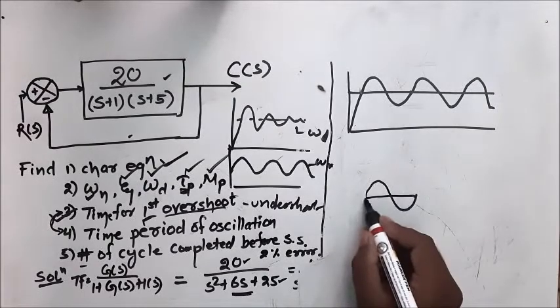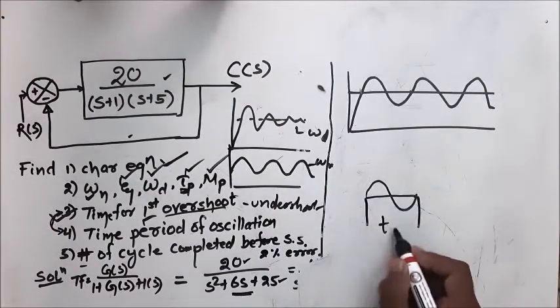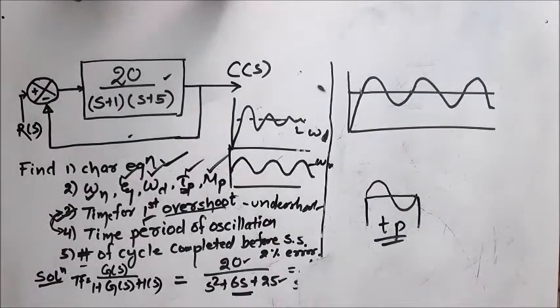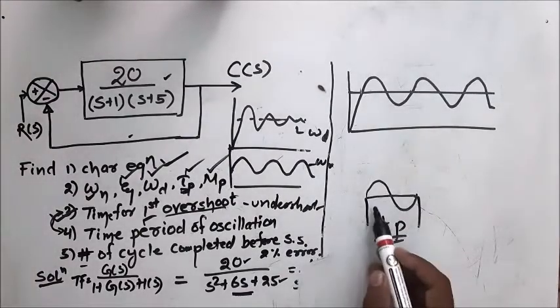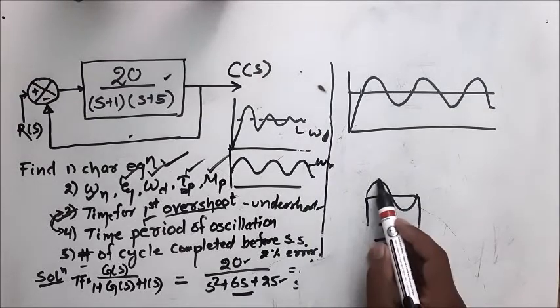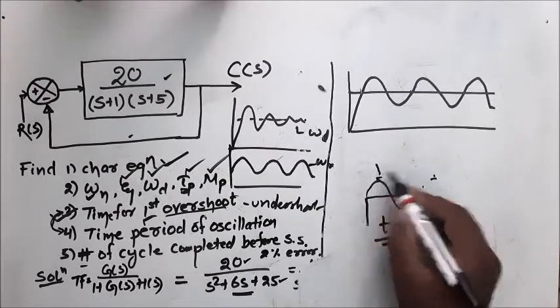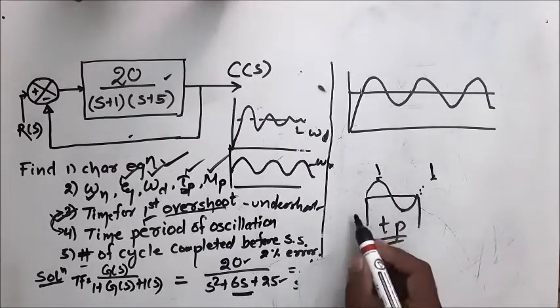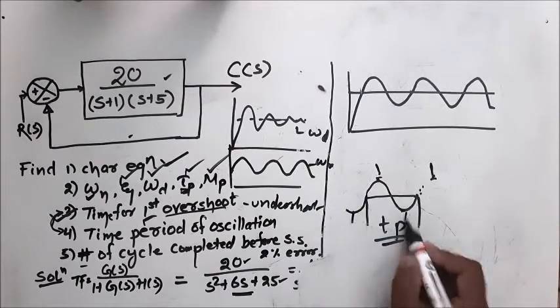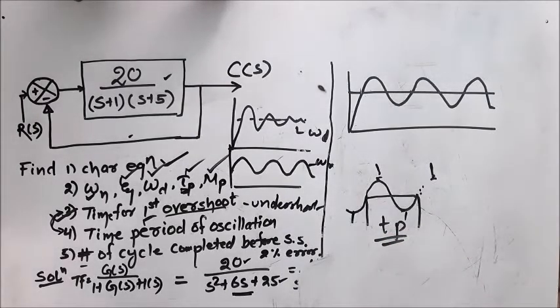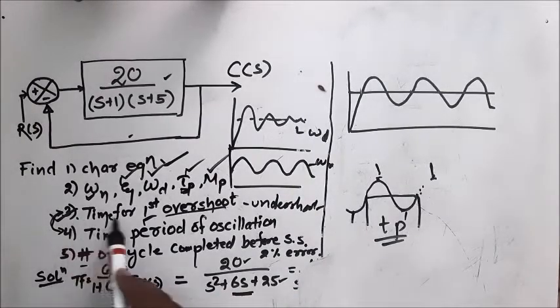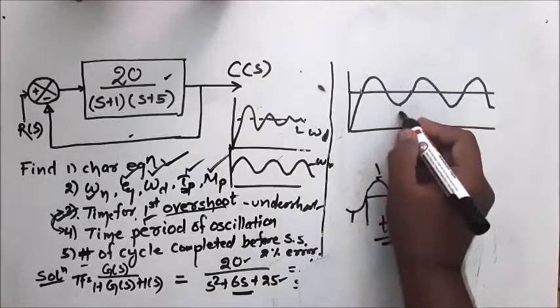The time taken for one complete cycle is called the time period. It can be measured from zero to zero, or from peak to peak, or from nip to nip. There is no hard and fast rule from where you calculate the time period, but it should be over the same distance.